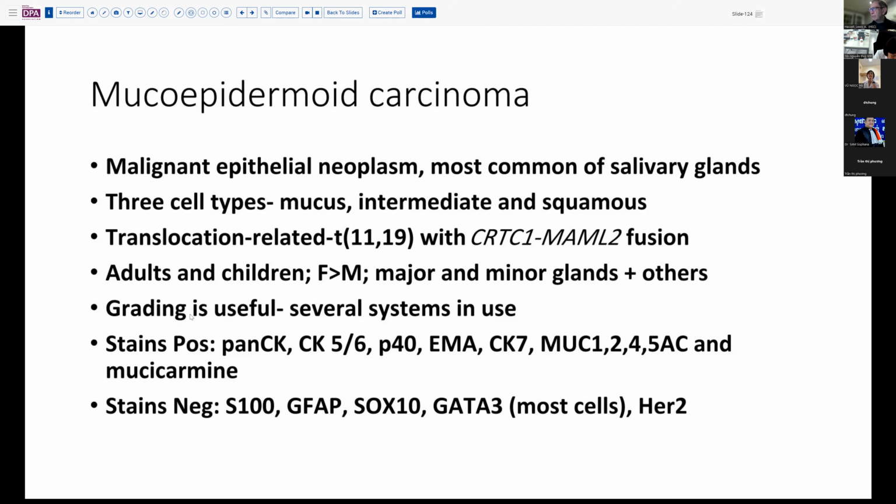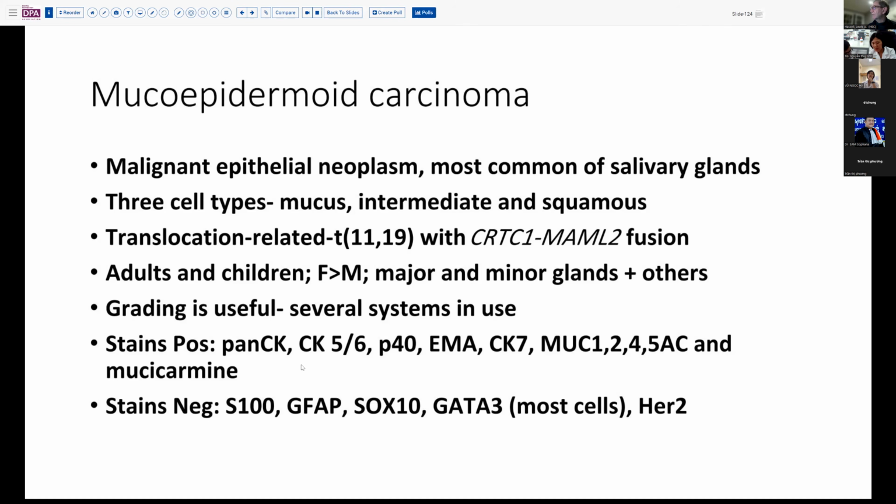There are several grading systems in use, and each of them has its relative merits. You can read about those at PathOutlines or other locations, and I won't go through them here this evening. I just want to give you the histologic overview and let you see some slides.